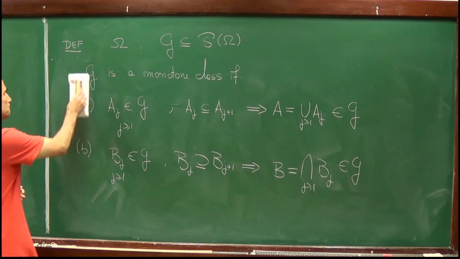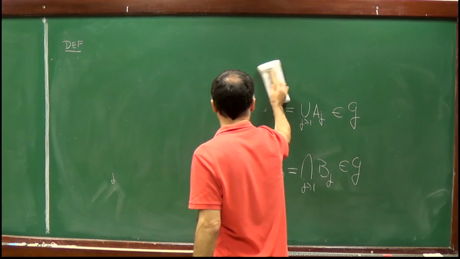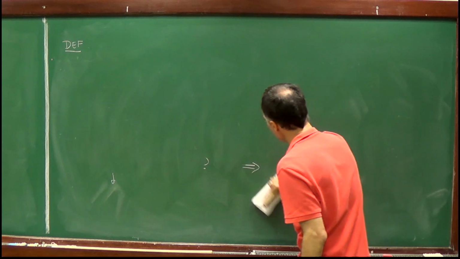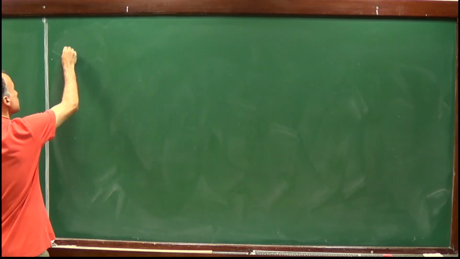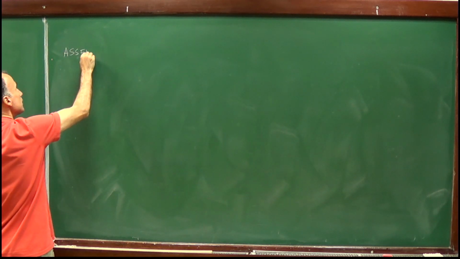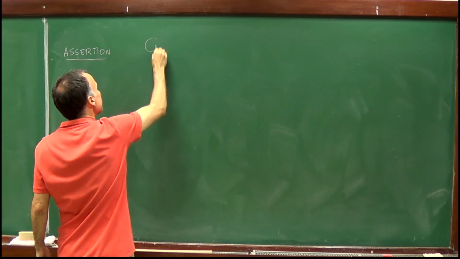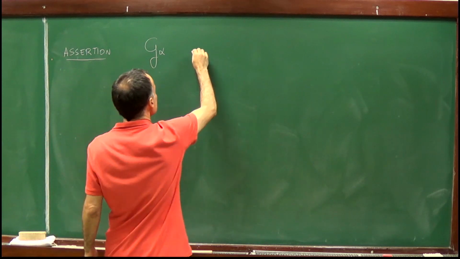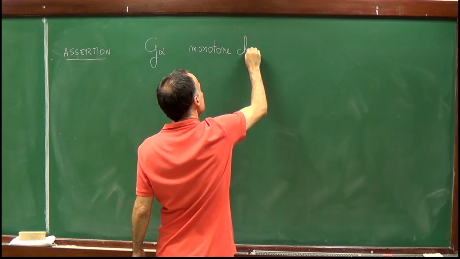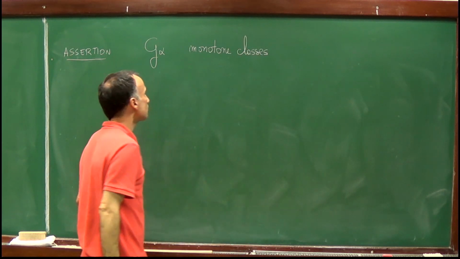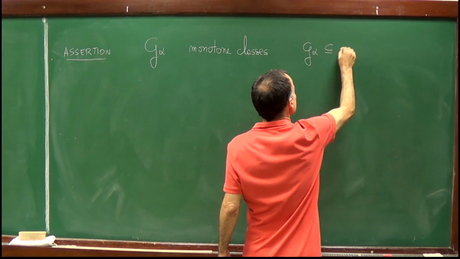Okay. Well, as we have seen for sigma algebras, now here is a very simple assertion. Suppose that I have a family G alpha, which are monotone classes of subsets of some set omega.